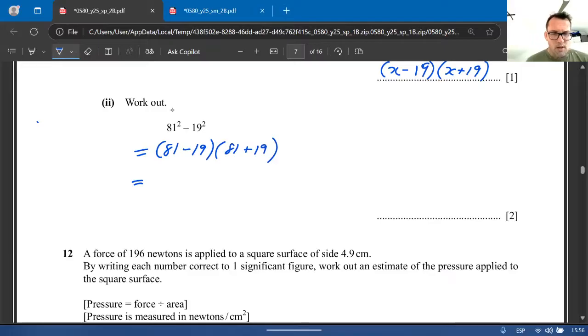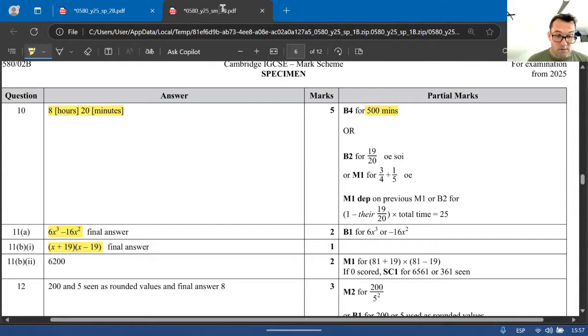Okay, now 81 minus 19, 81 minus 9 is 72, 62, right? 62. And 81 plus 19, 81 plus 9 is 90, 90 plus 10, 100. 62 times 100, 6,200. Shouldn't take you any longer to do that question.